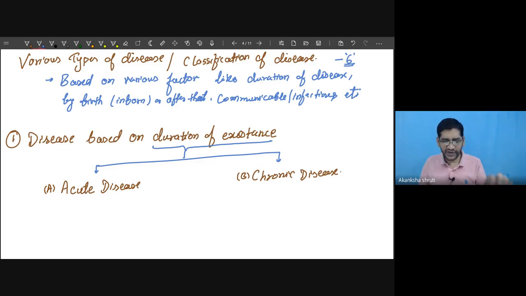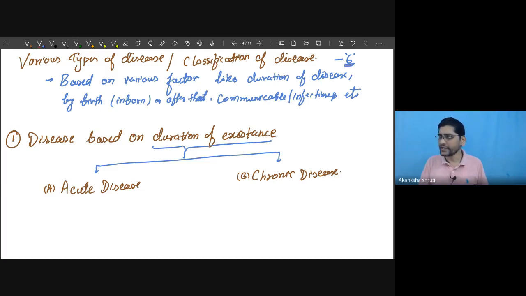If the disease occurs for a short time and within a day or 2 days or within a week it gets cured, then that kind of disease is called acute disease. Example, the common cold, the common flu or influenza that we get, and just after 3 to 4 days we get rid of it, we become healthy and we can start our work.